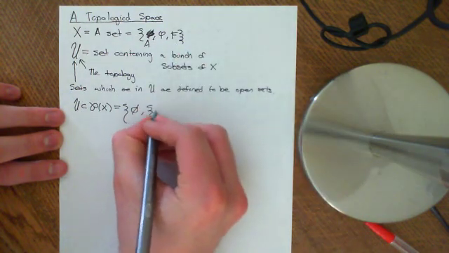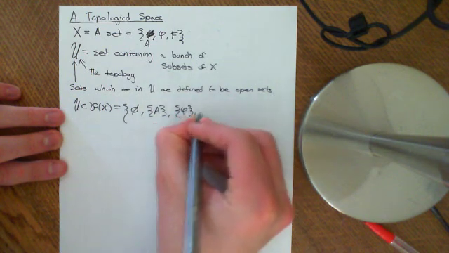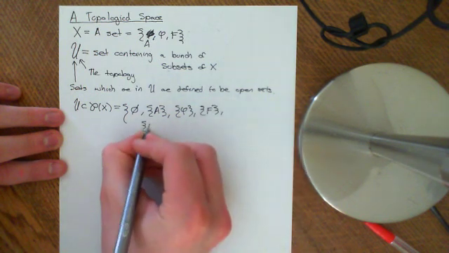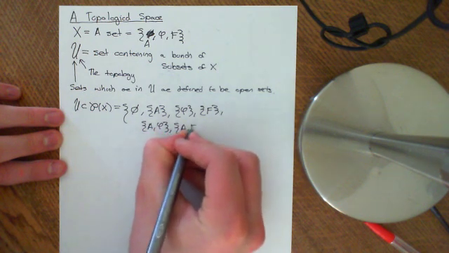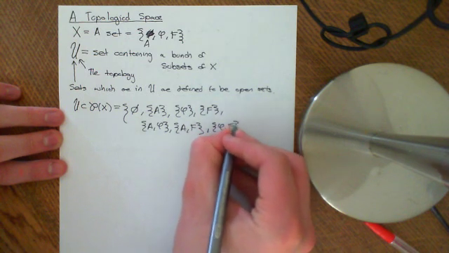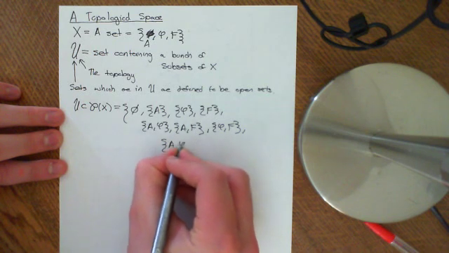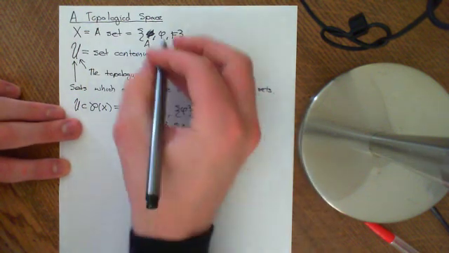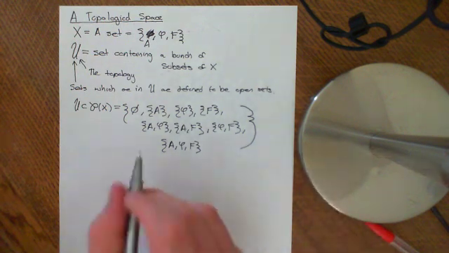Then we have all the singletons: a set containing just the lowercase v, a set containing capital F. Then we have all the doubles: the set containing a and v, the set containing a and capital F, and the set containing phi and F. And then finally we have the set containing every single element, so a, phi and F, the whole set itself. So that is all possible subsets of this set X, and they are all put in a set together, and that is called the power set of X.